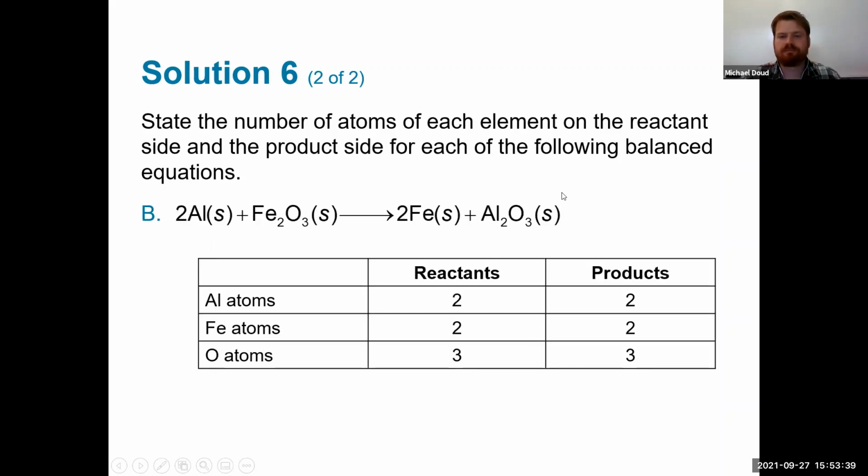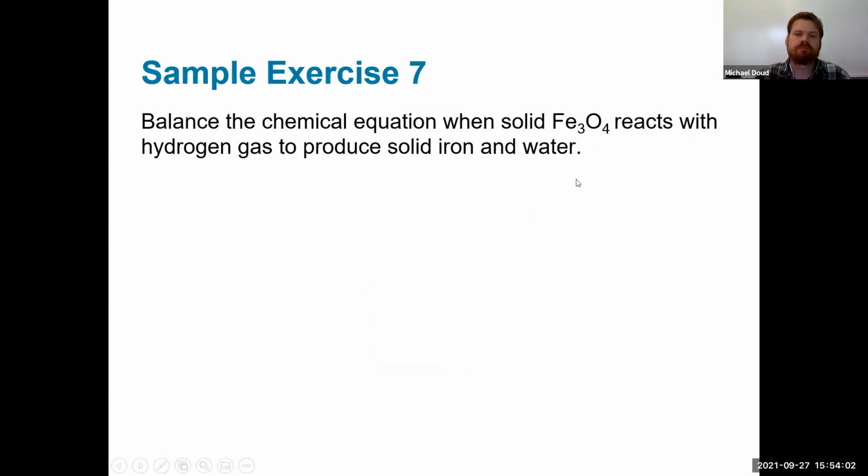So it's balanced. Similar here for the reaction of aluminum and iron 3 oxide. If we count up our atoms here, we have 2 aluminum atoms in the reactants, 2 iron atoms in the reactants, 3 oxygen atoms in the reactants. In the products, 2 iron atoms, 2 aluminum atoms, 3 oxygen atoms.